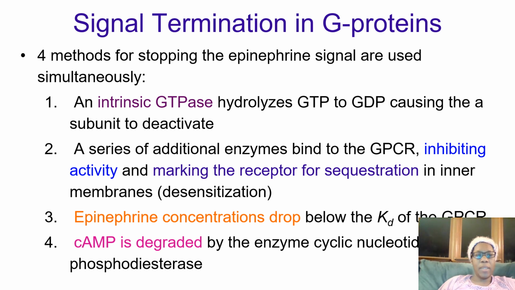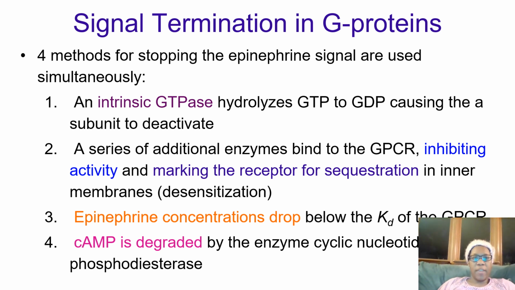The second method is that a series of additional enzymes bind to the G protein-coupled receptor, inhibiting activity and marking the receptor for sequestration in the inner membrane. This is called desensitization. We'll learn one of the mechanisms of desensitization, where we inhibit the activity of the receptor and pull it into the inner membrane.